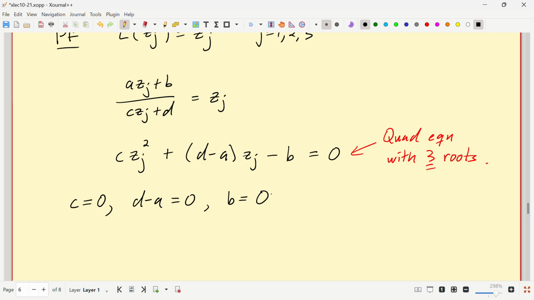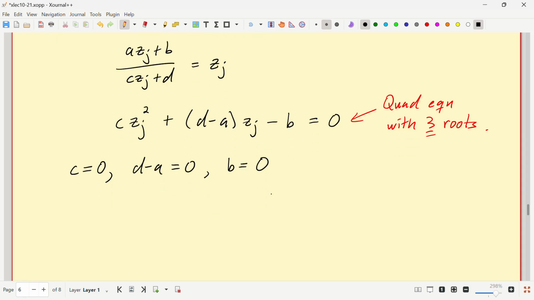Then everything's a root. And so let's see, since the determinant can't be 0, that means that D can't be 0.